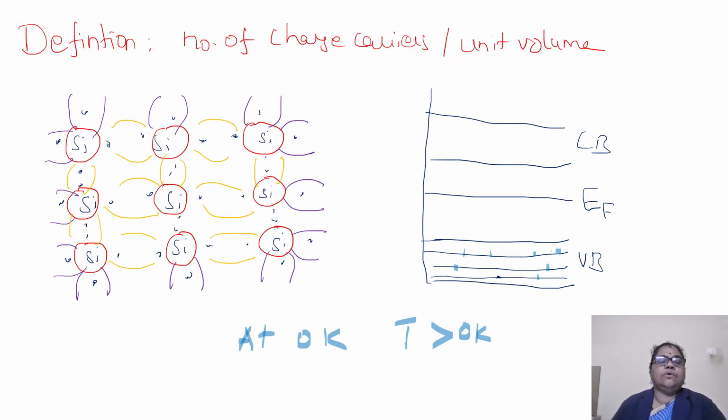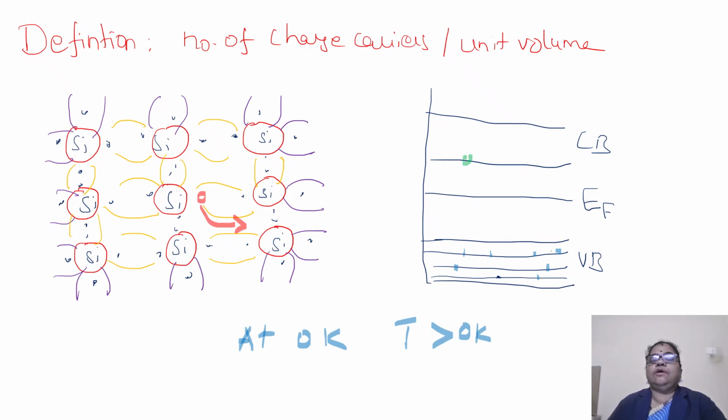So what happens? If a bond breaks, a hole is created, and the electron can move somewhere else. With that we create more free electrons, which go from the valence band to the conduction band.